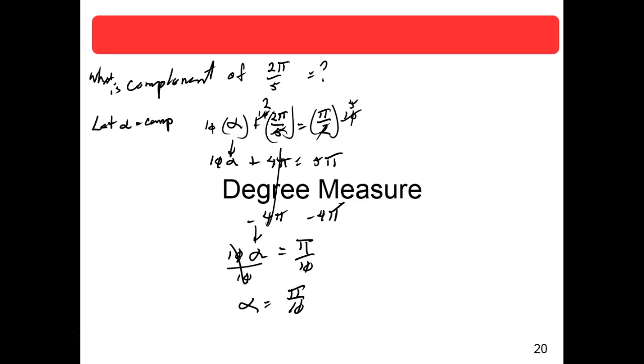Okay, so that's the A part. No, it isn't. That's the first half of the A part. The second half of the A part says what is the supplement of 2/5 pi.